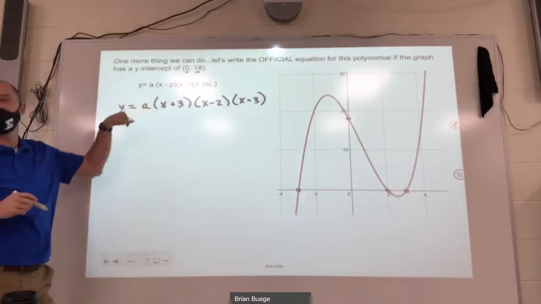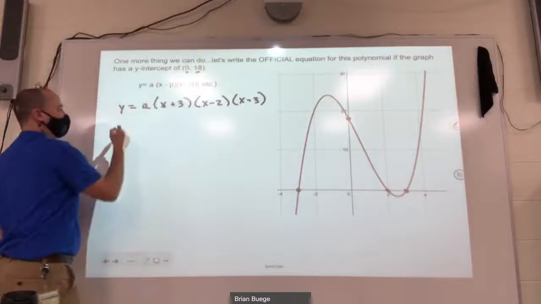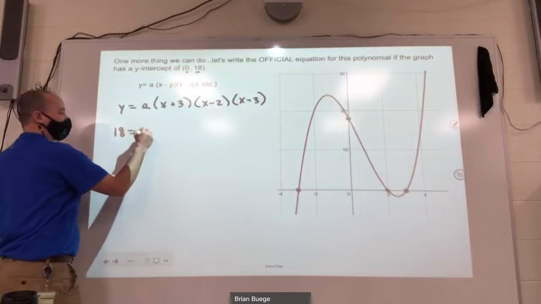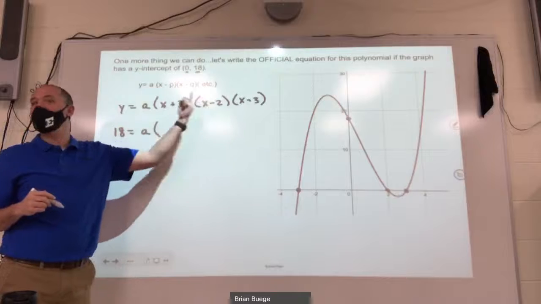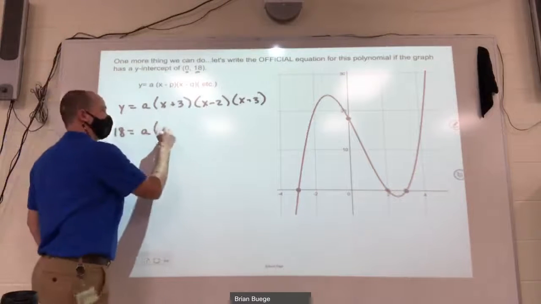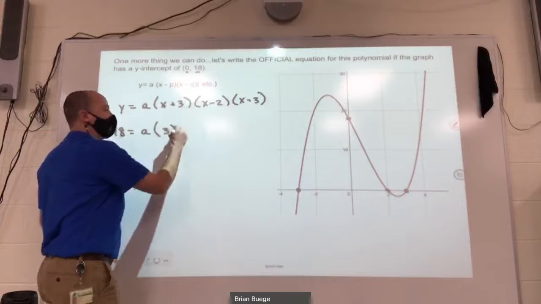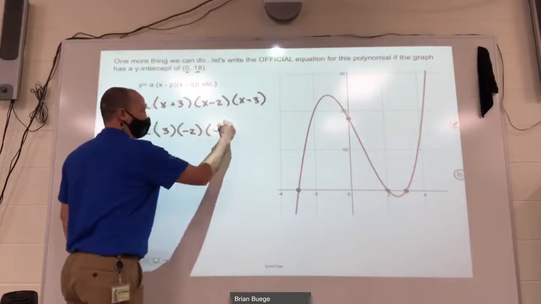That will allow me to figure out, I know that a is positive, now I can figure out positive what. Okay? So if we take that 18, let's plug it in for y. I'm going to leave a alone. If I plug 0 into each of these factors, I'm just going to put it down as an answer right away. So 0 plus 3 is 3. 0 minus 2 is negative 2. And 0 minus 3 is negative 3.